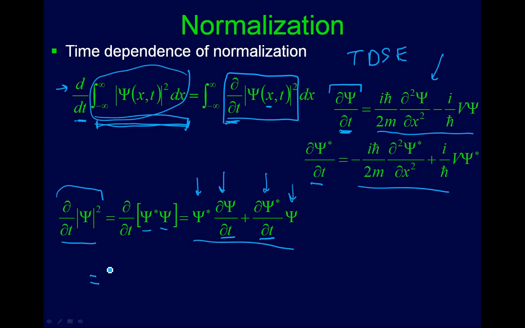Then we plug these two things in for our two derivative equations. Here I have psi star and then the derivative of psi with respect to t. Taking this piece, I get i h bar over 2m, then the second partial derivative of psi with respect to x squared, minus i h bar, the potential, times psi.